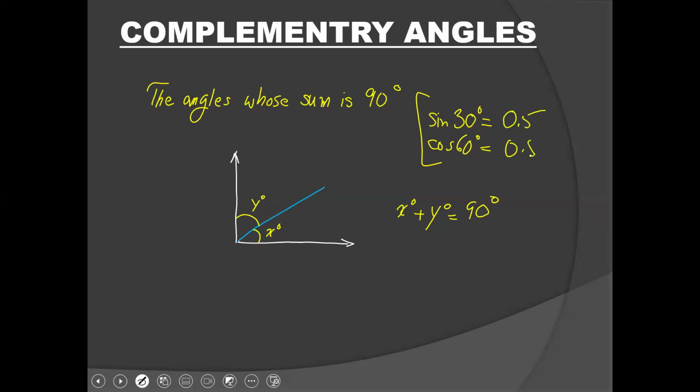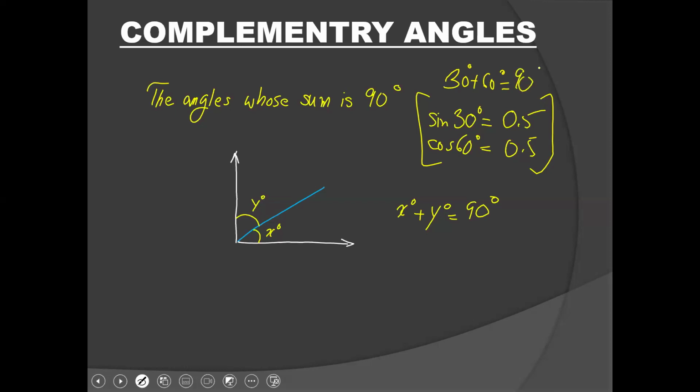So can you see the values are the same? Now check the angles. 30 plus 60, how much is it? 90 degrees. Very good. So the values are the same, but the sum of the angles is 90.